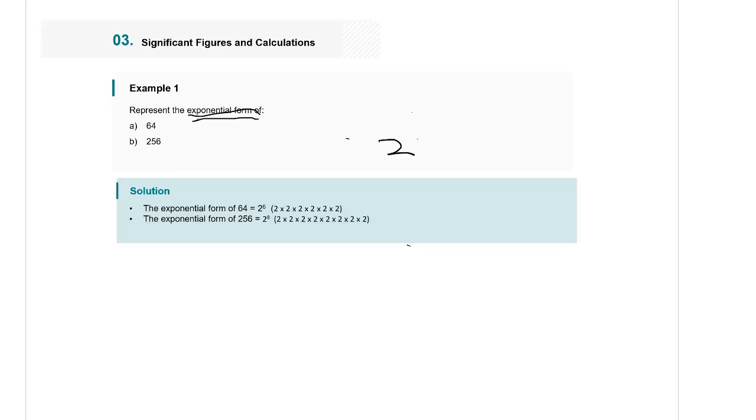So we write 2 to the power of 6, because we multiply 2 by itself 6 times, and then we have 64. For the second example, 256 will be 2 to the power of 8. So it is useful, but it depends on the situation: what kind of experiment you're doing and what your purpose is for representing the data in exponential form.